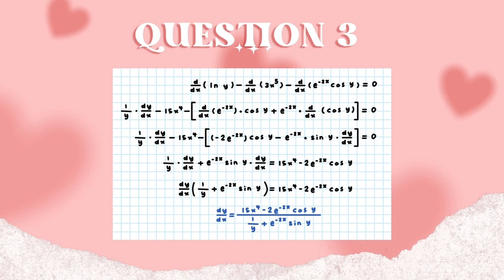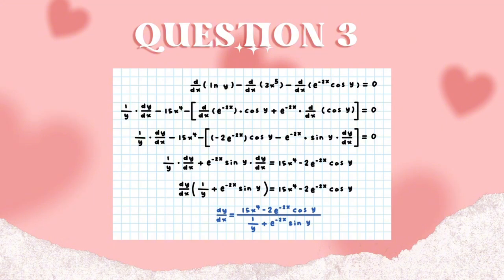Now, let's differentiate each part. First, the derivative of e to the power of negative 2x is negative 2e to the power of negative 2x. Then, the derivative of cos y is negative sin y multiplied by dy over dx.